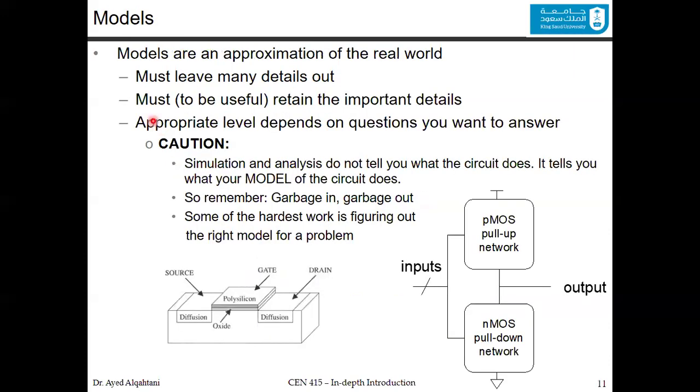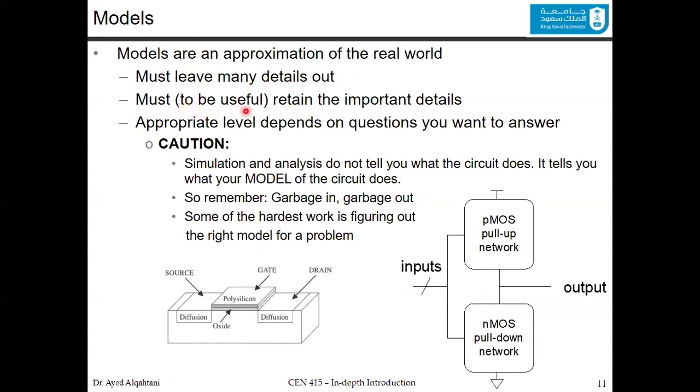As we mentioned, we need to know what the models are and how we can take advantage of models in making our problem approachable. So the models are an approximation of the real world. We usually leave out many of the details.